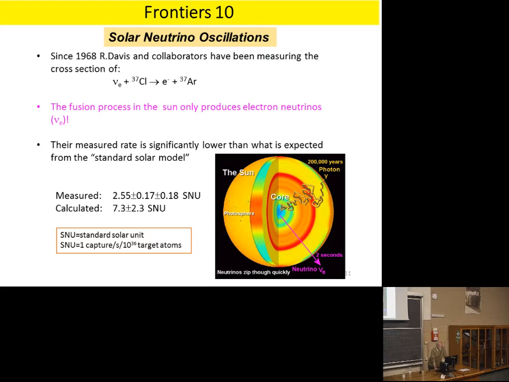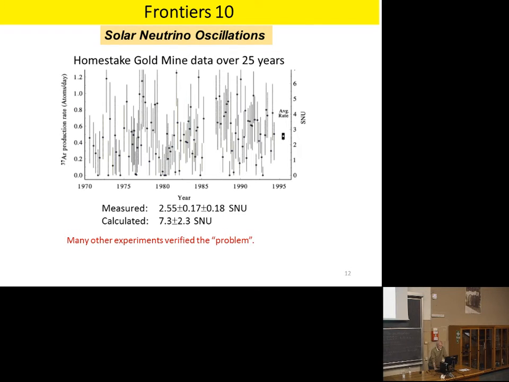And that was true not just in 1968, but it happened over a period of a long time. So the 1968 experiment, which is a big vat of cleaning fluid in a deep mine underground in South Dakota, measured consistently this neutrino number over a period of 25 or 30 years, but it got this number, 2.55 instead of 7.3.